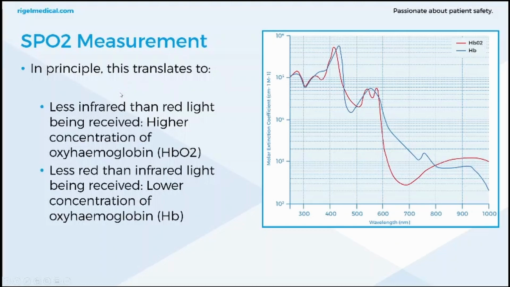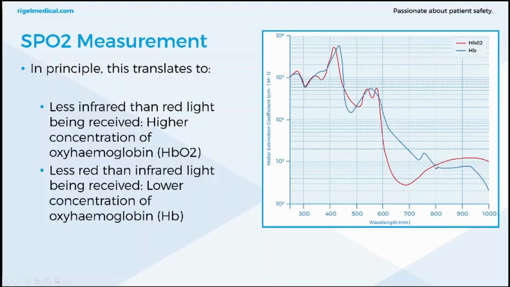Now in principle, this translates to less infrared than red light being received, higher concentration of oxygenated blood, less red than infrared light being received, there's a lower concentration of oxyhemoglobin. And if you remember from the previous slides, about 940 used for the infrared LED and 640 for the red LED, and you can see the difference in absorption.